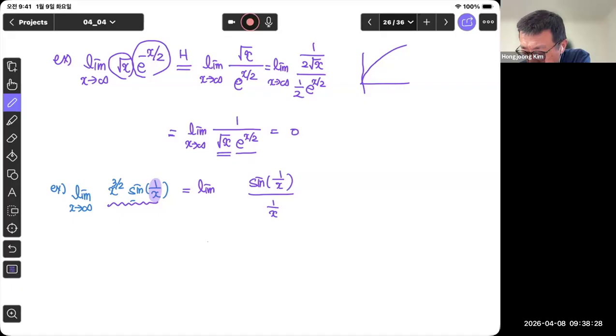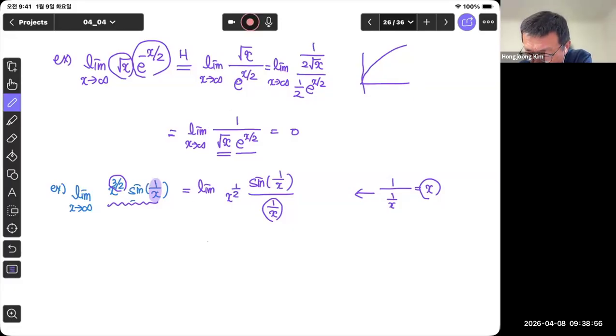Please note that 1 over x in the denominator is the same as x. I had x to the 3 half. If I use x in this denominator, then what remains will be x to the 1 half power.